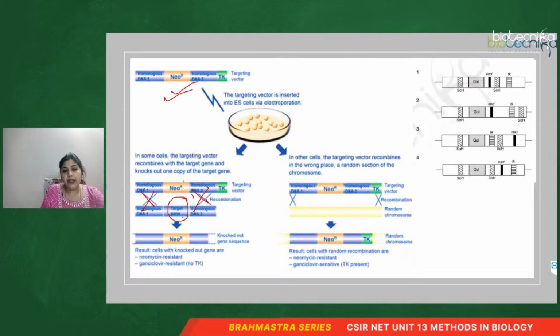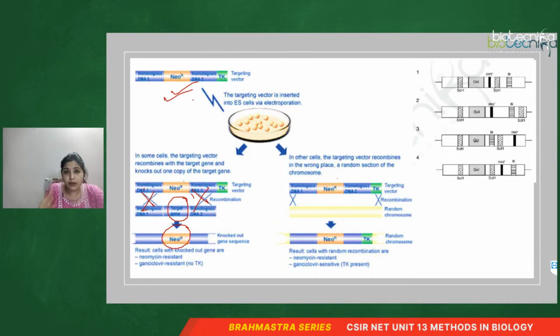So when the desired homologous recombination happens, your neomycin resistant gene will also be introduced in your target chromosome, or at your target place, along with the gene of interest. Now, an undesirable result is where your gene of interest is not added at the targeted place, but is added randomly anywhere in the genome.